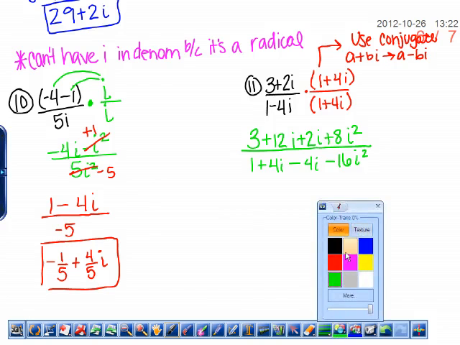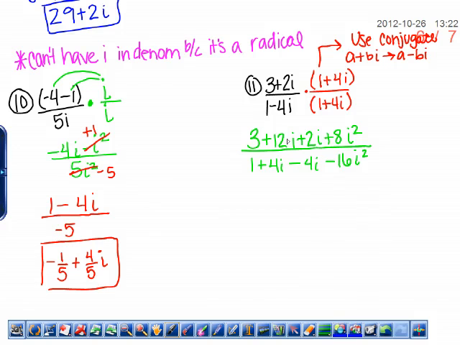All right, let's start canceling out where we can. First, let's work with our numerator. I know 12I and 2I can be combined, right? And I know plus 8I squared turns into negative 8. So 3 minus 8 is negative 5. 12I plus 2I is plus 14I.